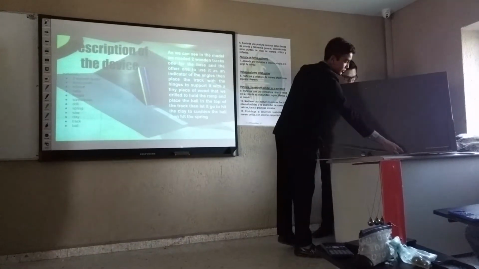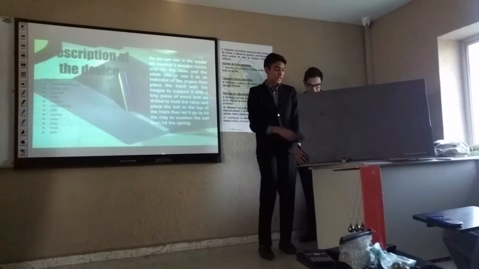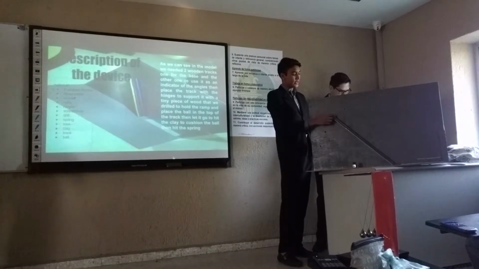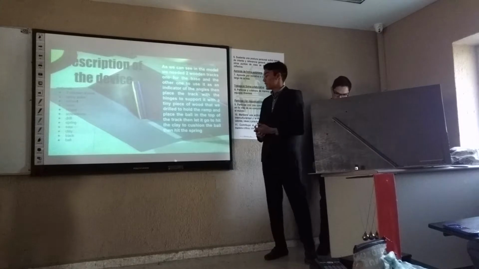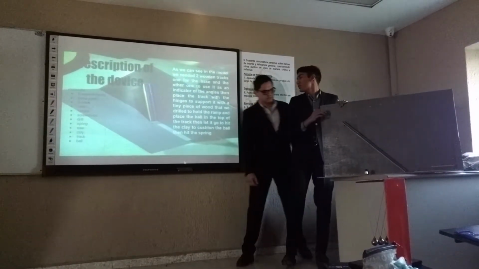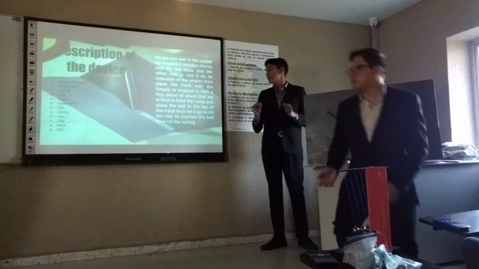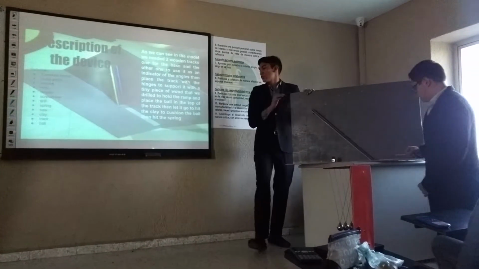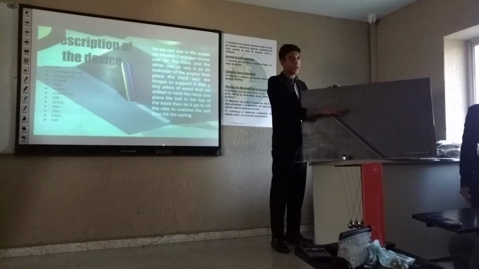Here are the hinges, as you can see. We support it with a tiny piece of wood, that is this one, that we can replace at the angles. Then place the ball at the top of the track, then let it go to hit the clay. This is the clay to cushion, and the ball will hit the spring.